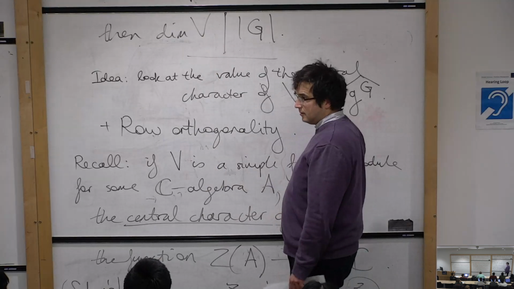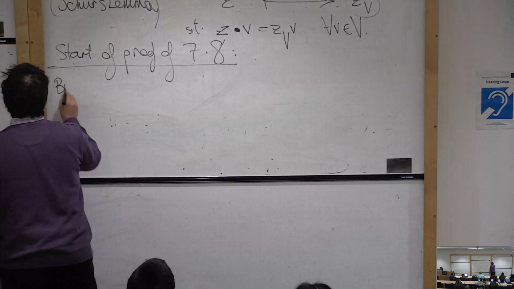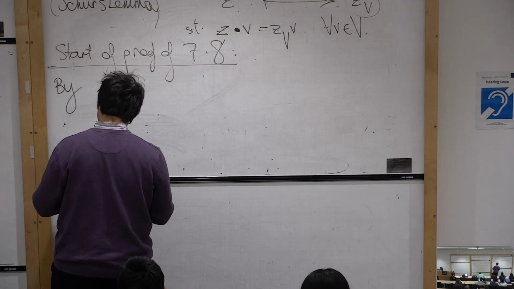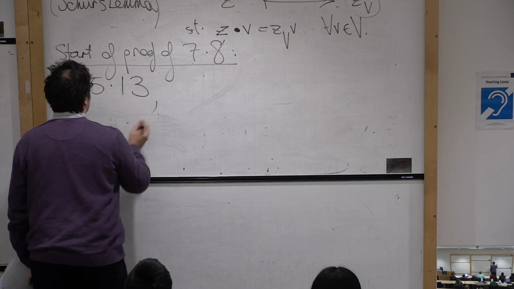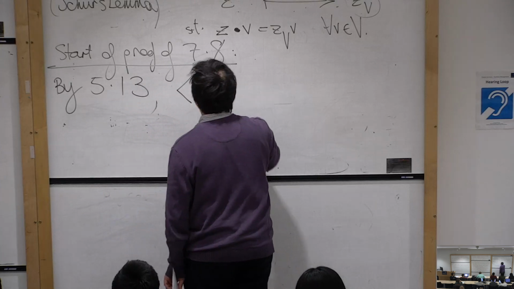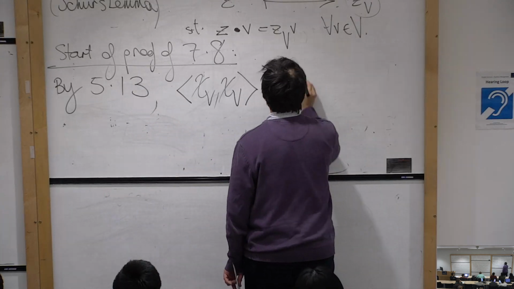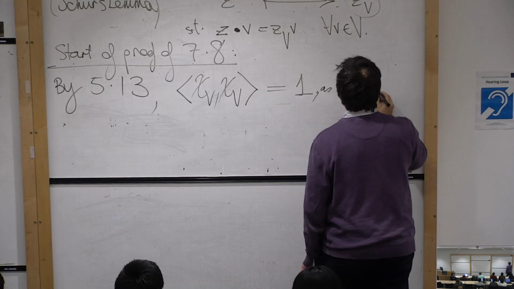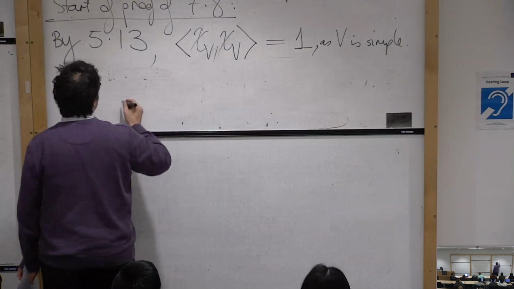Right? Row orthogonality is this number, because V is simple. And what does this say? Let's rewrite this.